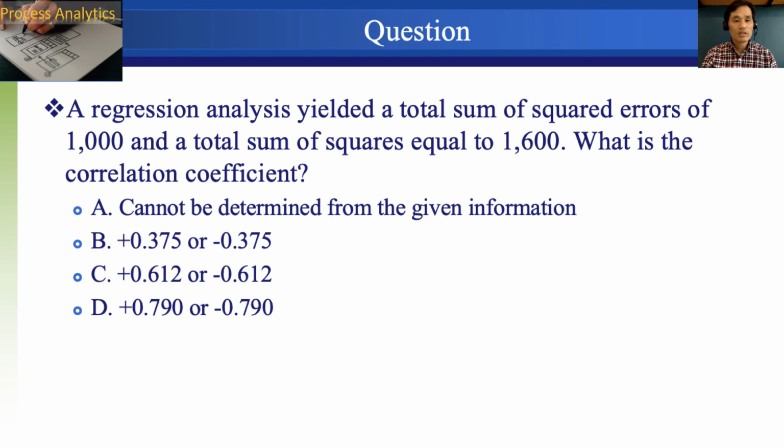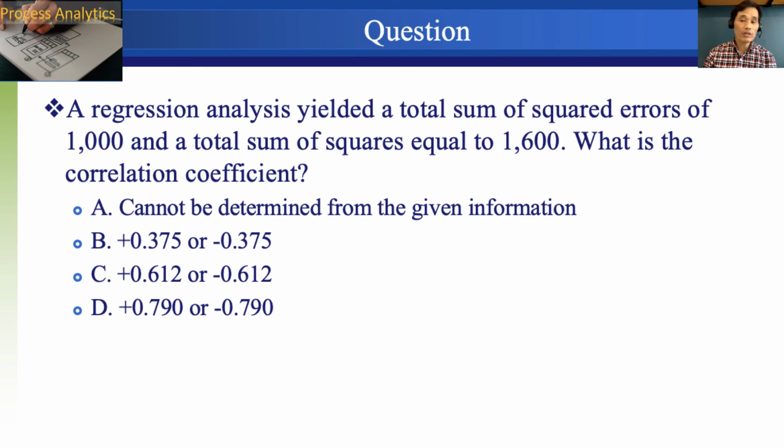Third question. A regression analysis yielded a total sum of squared errors of 1000 and total sum of squares equal to 1600. What is the correlation coefficient? A, cannot be determined from the given information. B, from 0.375 to negative 0.375. In this case, it involves some calculations.